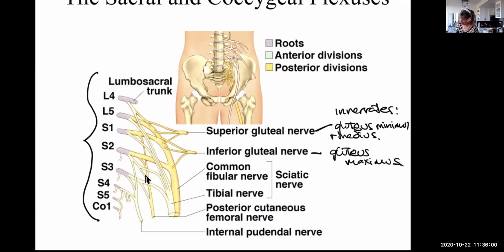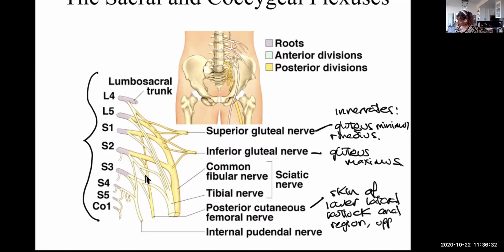What else? Let's see. The posterior cutaneous femoral nerve. This innervates the skin of the lower lateral buttock, the anal region, the upper thigh, and calf.